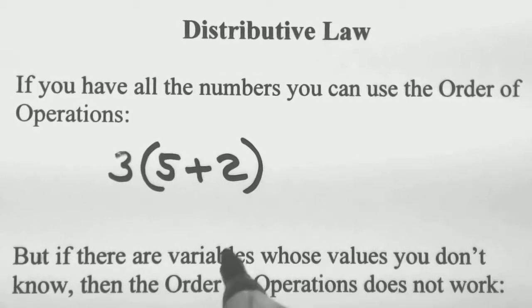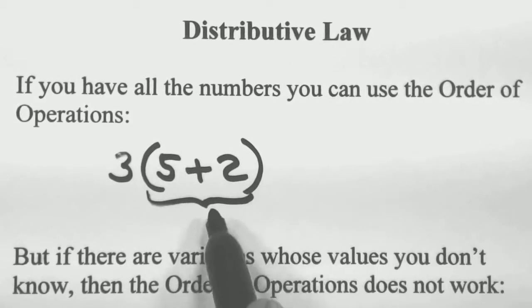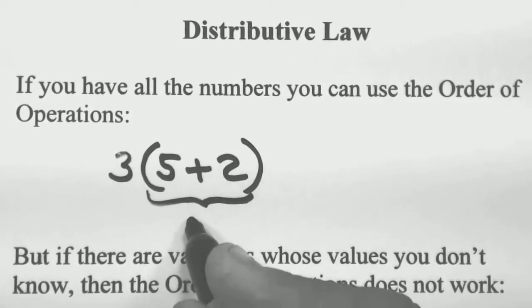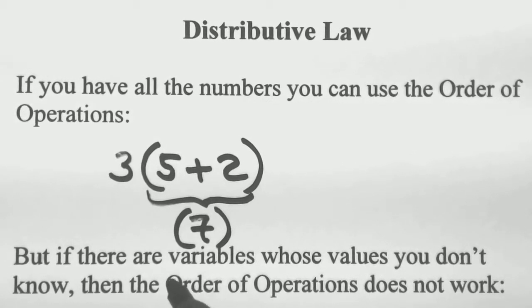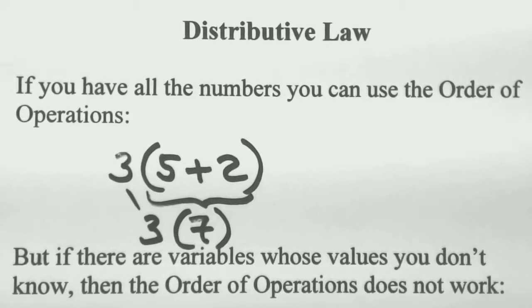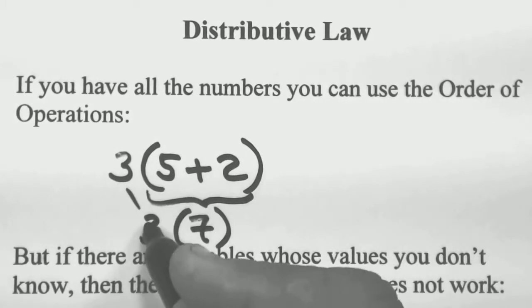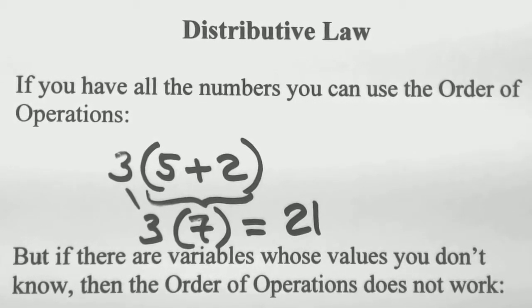So the one operation I've got here I've got to do first: 5 plus 2 is 7. I keep the parens around the 7, bring down anybody else I haven't used, namely the 3 here, and then I can go 3 times 7 and come up with the final answer, 21.